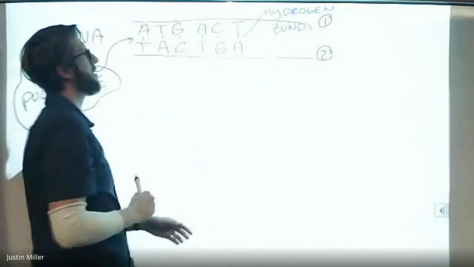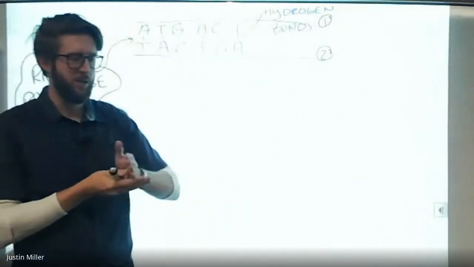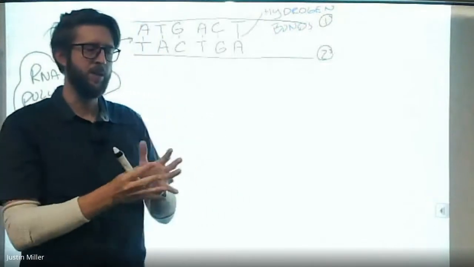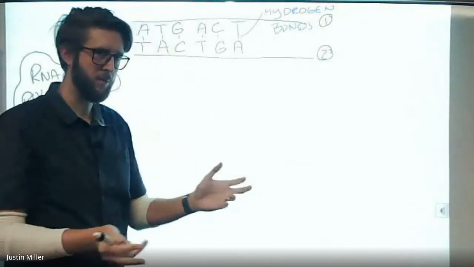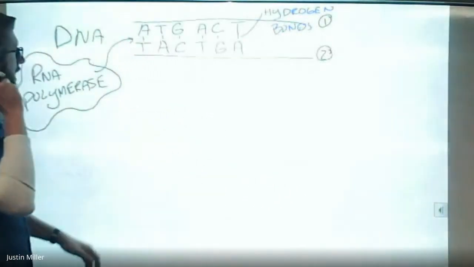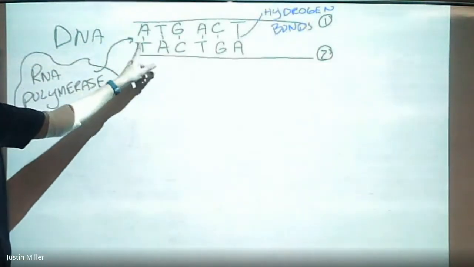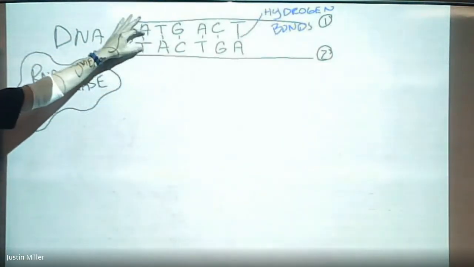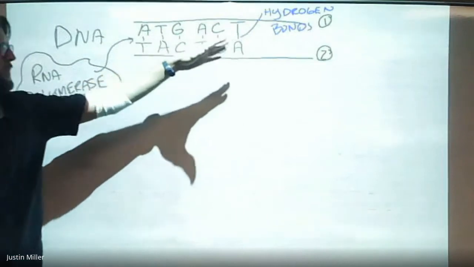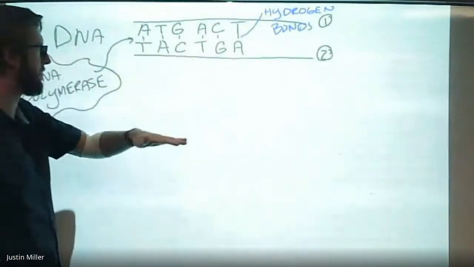These hydrogen bonds are weak little bonds that keep things together, but you can easily pull them apart and put them back together again. So RNA polymerase is going to go between the two strands and separate the two nucleotides by breaking these hydrogen bonds that are keeping them together.